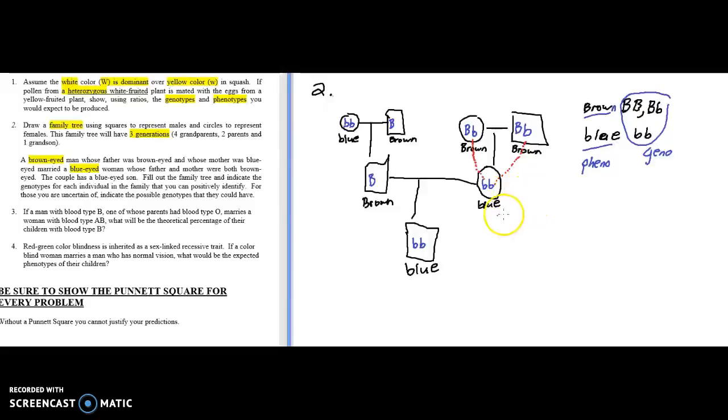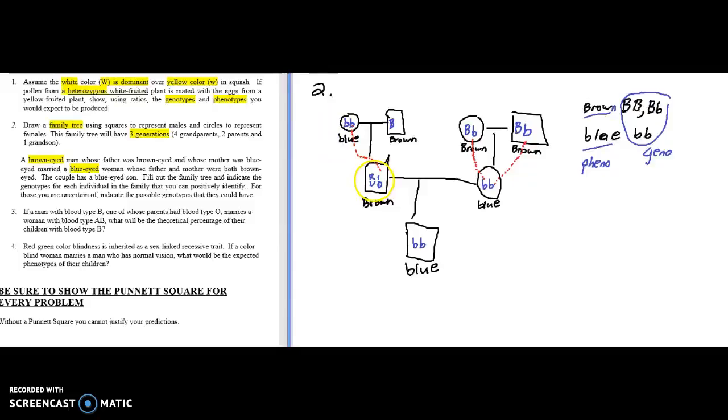Go to this side of the family. Brown-eyed man. His mom is blue and his dad is brown. So if this man's brown-eyed, we know he inherited one of his mother's little b's. So we can assume, or we could pretty confidently say, even though he's brown-eyed, he's a carrier because he got that from his mom.